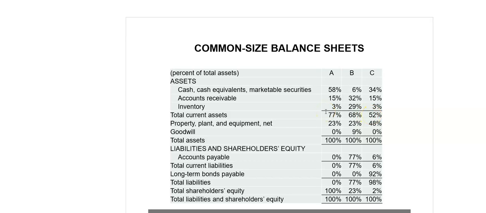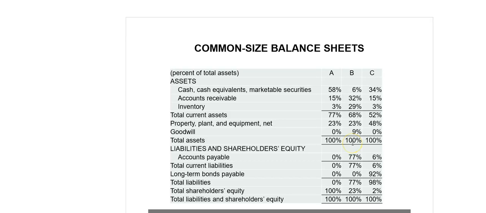The current assets of company A are 77% of total assets, while company B has 68% assets as current. At the same time, company A has no current liabilities, while company B has current liabilities that are 77% of its total assets.